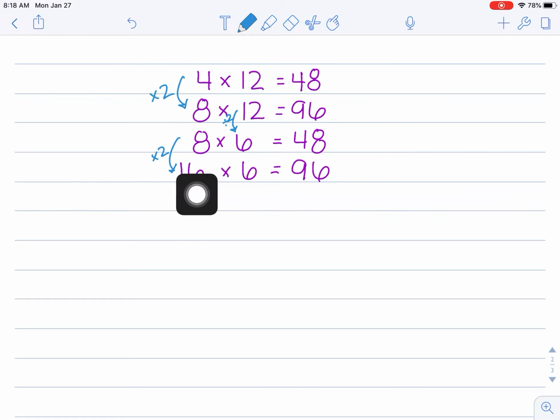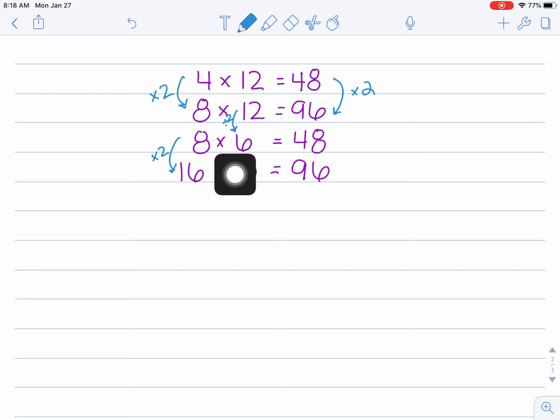Now let's look here at the products, because once I find a relationship here, 12 is the same, 6 is the same. What's happening here? My answer is 48, and I've doubled 4 to get 8, and in effect, my product has also doubled, all right?